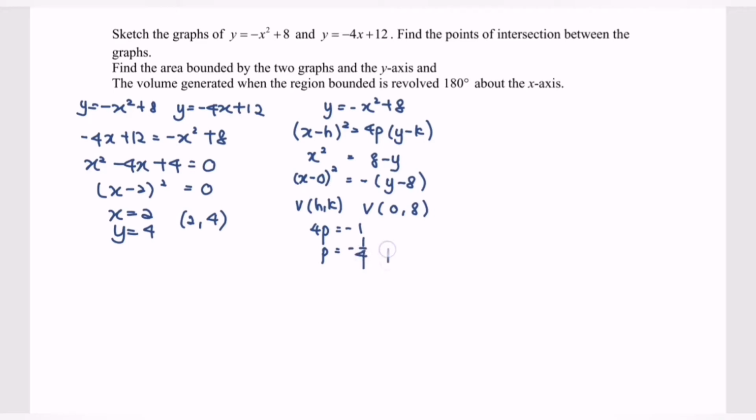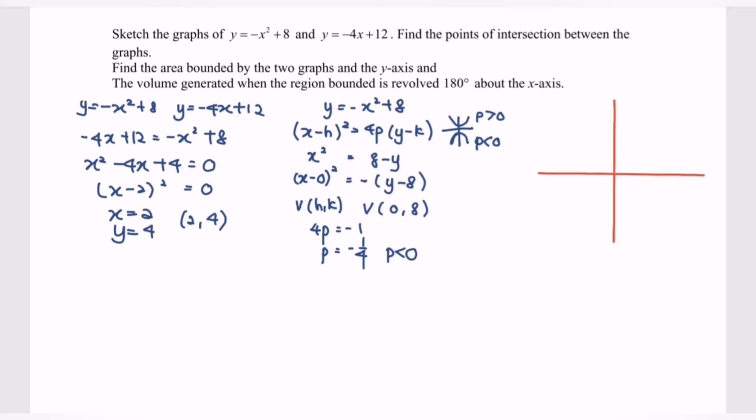So p is less than 0. The graph can open upward or downward, where p must be greater than 0 for upward, and p less than 0 for downward. So for this case, the graph opens downwards.